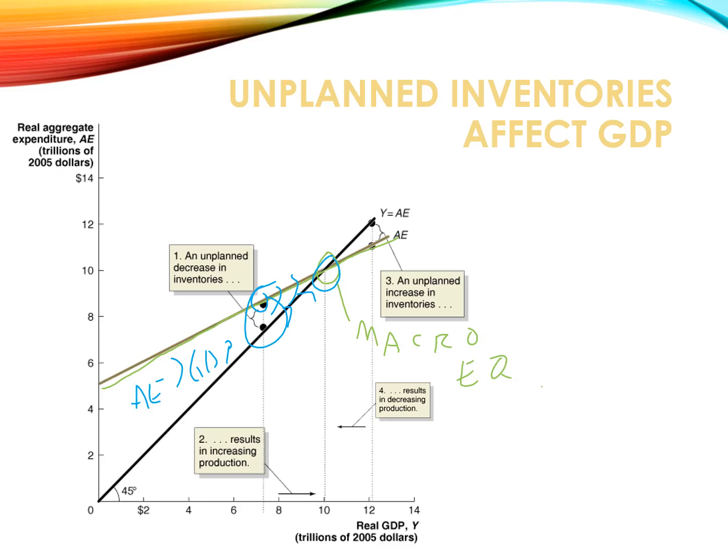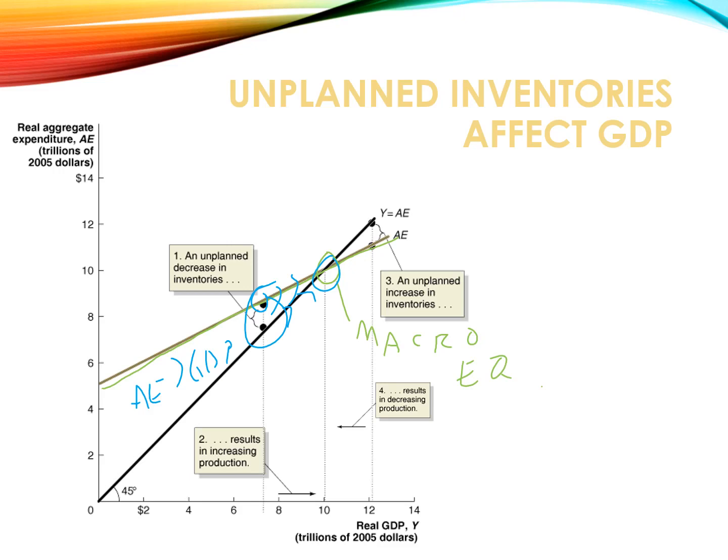So this is basically saying we sold more than we anticipated, and as a result, GDP in the next period, once the production is finished and reflectable in GDP, will increase up into that macroeconomic equilibrium point.